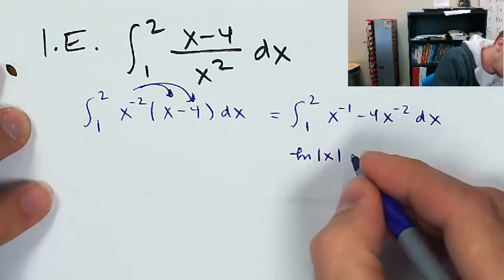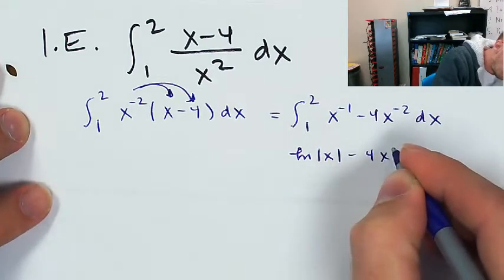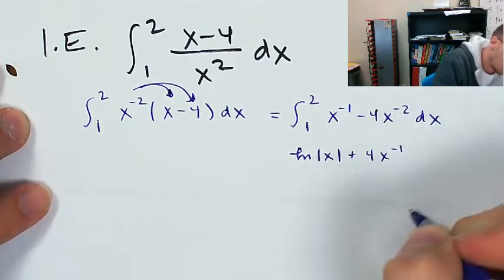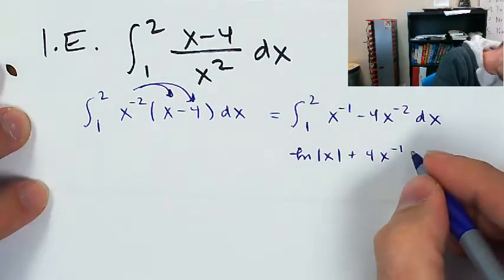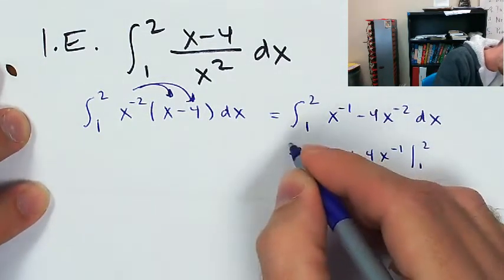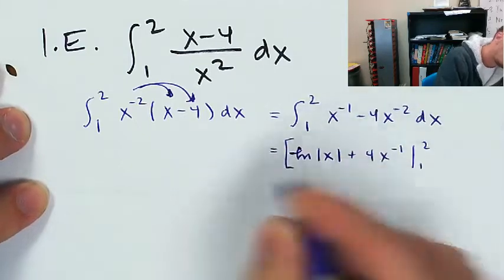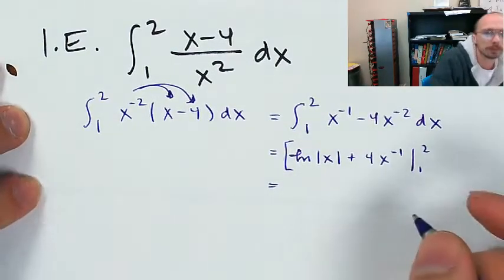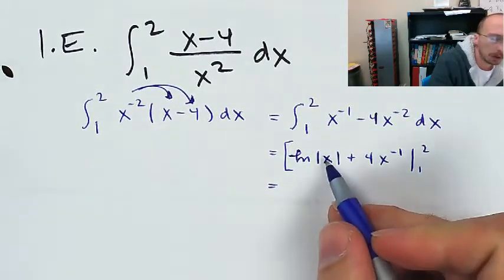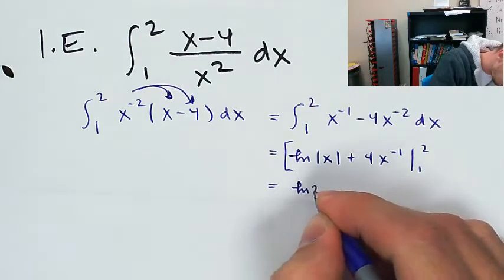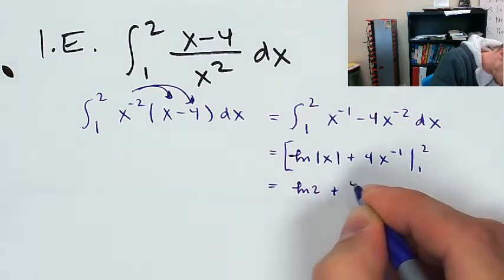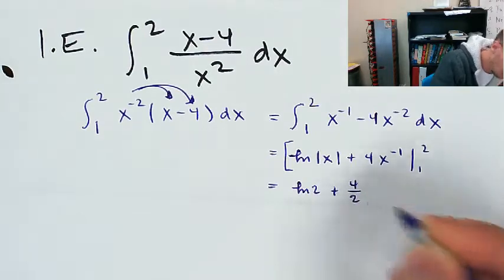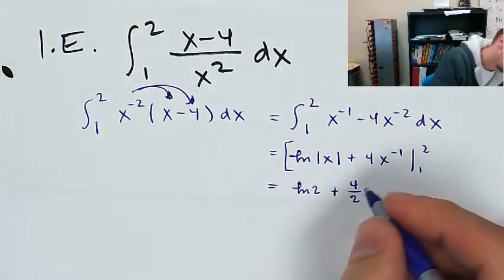And then I'm going to add 1 to the power, divide by the new power, so it becomes positive 4x to the negative 1. Let x run from 1 to 2. And so that'll be the log of 2 plus 4 times 2 to the negative 1. 2 to the negative 1 is half.